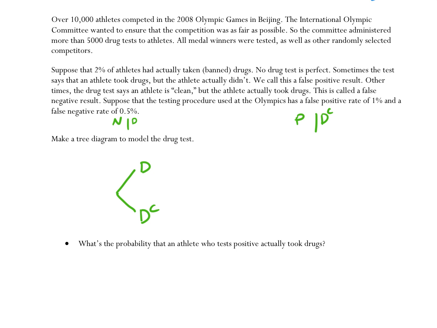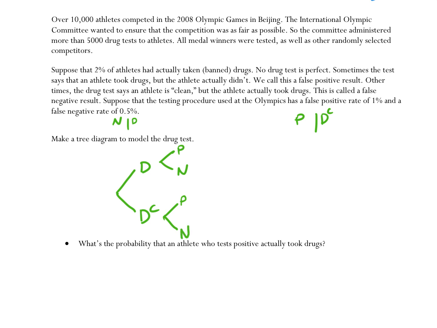All right, so those are my types of individuals, and then they take this test, and what are the possible results? Positive and negative. So they could take drugs and get a positive test result. They could take drugs and get a negative test result. That's half of my possible outcomes. But they could also not have taken drugs and gotten a positive test result, and not have taken drugs and got a negative test result.